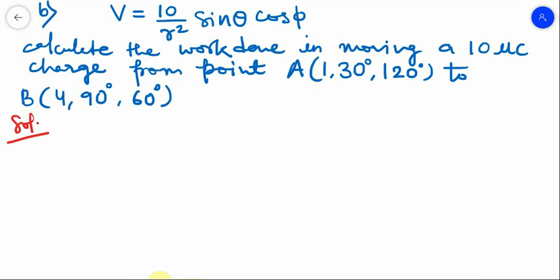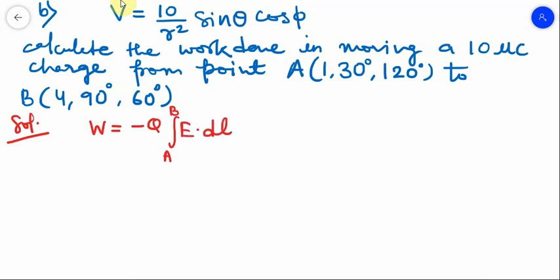So this potential is given and you have to calculate the work done in moving a 10 microcoulomb charge from point A to point B, and the coordinates of both the points are given. Since V is known, it is very easy to find W, because we have one formula. If you remember, W equals minus Q times the negative line integral, that is E dot dl.